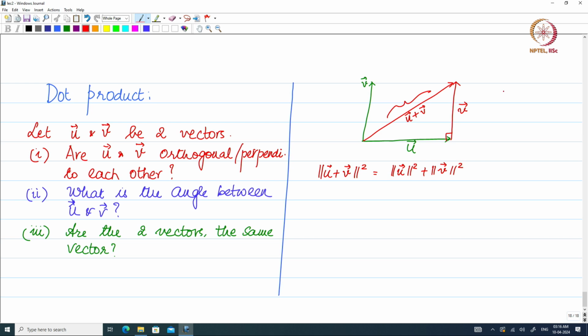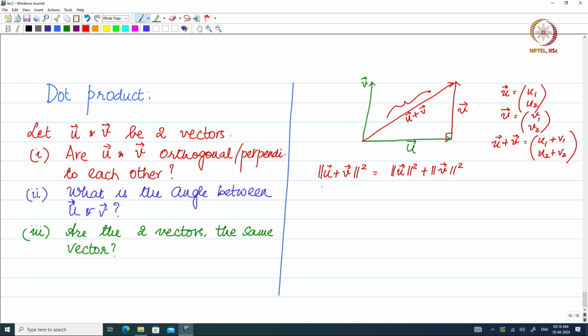So, what are we going to do? We are going to say that the vector u is defined as a two component vector u1 u2, the vector v is v1 v2, and the vector u plus v is u1 plus v1, u2 plus v2.